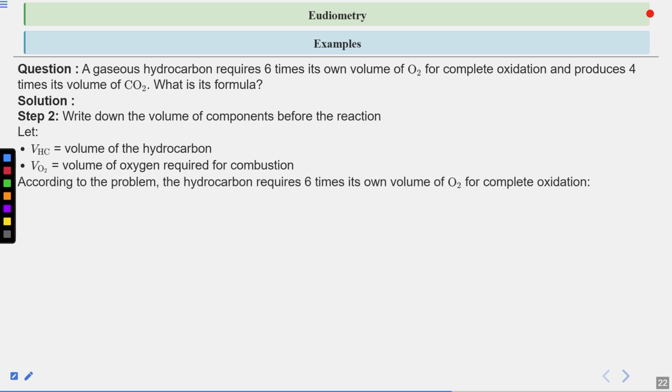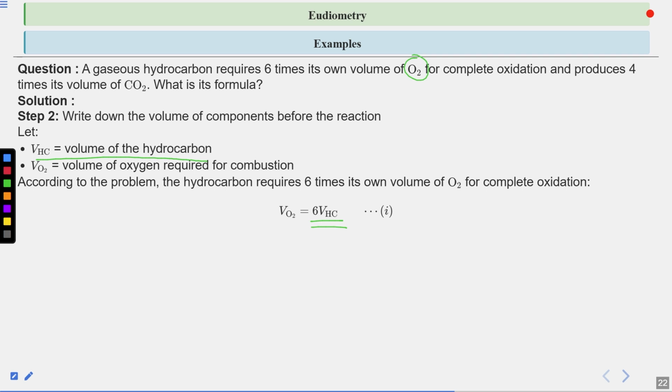According to the problem, it is given in the question that the volume of oxygen is 6 times the hydrocarbon. Is it clear? The first equation is clear. How have I written it? It is given in the question. VHC is simply the volume of the hydrocarbon.